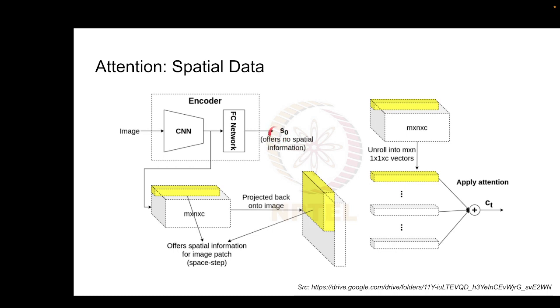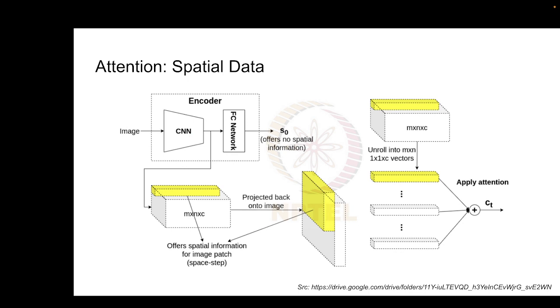We all know that CNNs maintain local spatial relationships, but the moment you use an FC network on top of a CNN, you lose all that spatial information. S0 contains no spatial information; it is just an aggregate vector of the entire image.